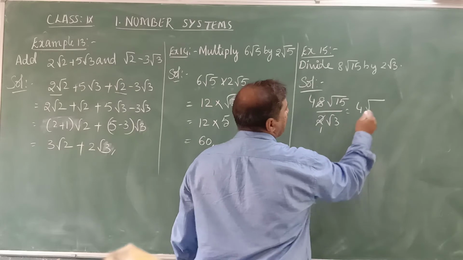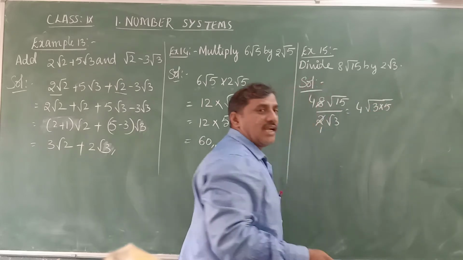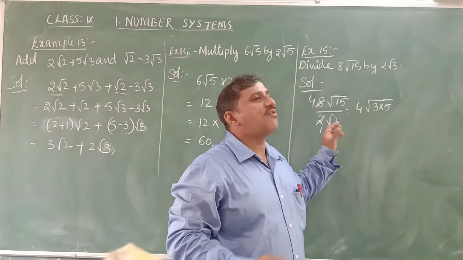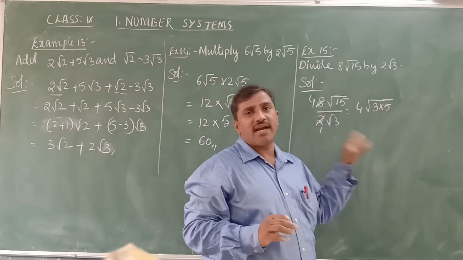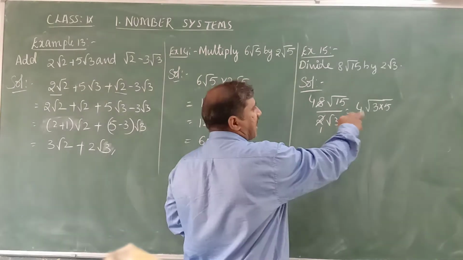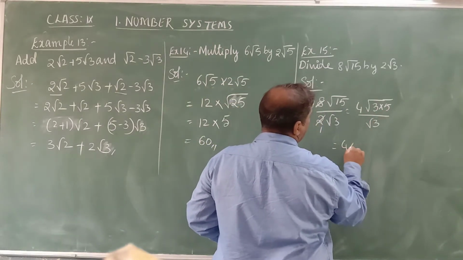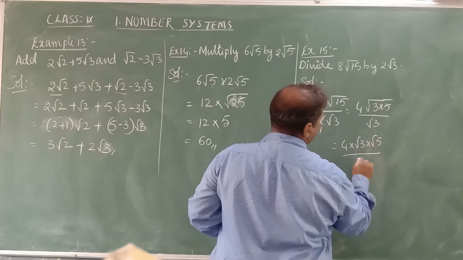Root 15 can be written as root 3 into root 5, because in the denominator we have root 3. If we find any common terms, you can split them and write them in the form of factors. That is prime factorization: 3 into 5. Now it is 4 into root 3 into root 5 by root 3.